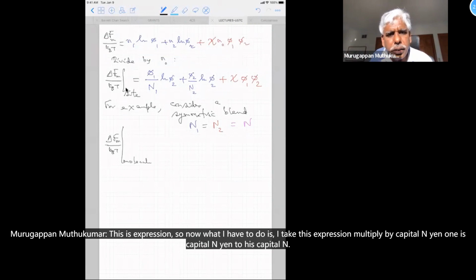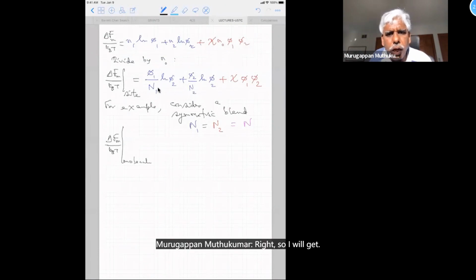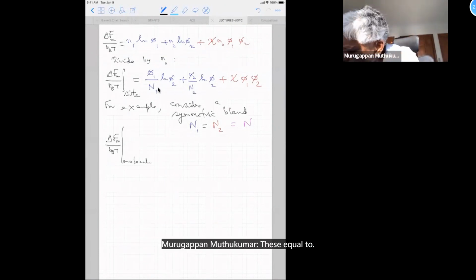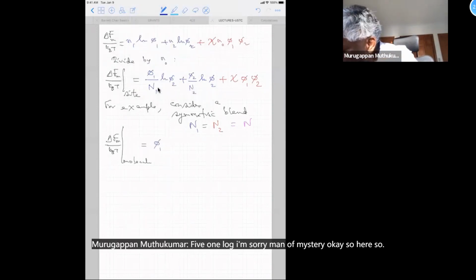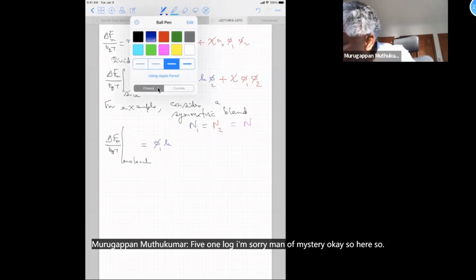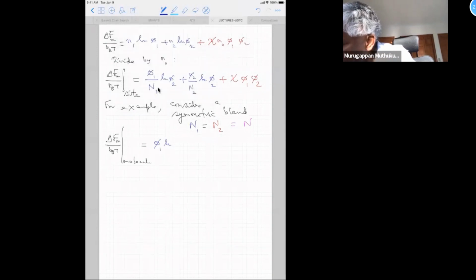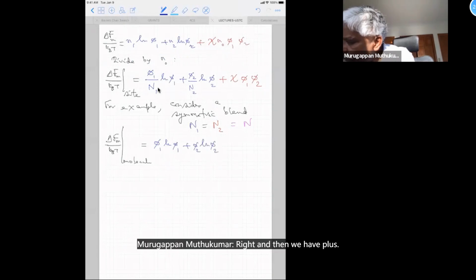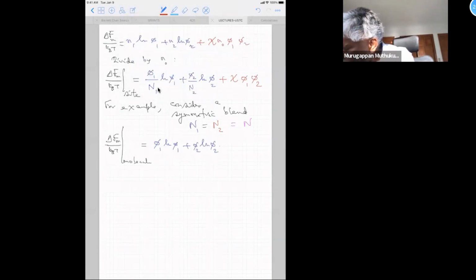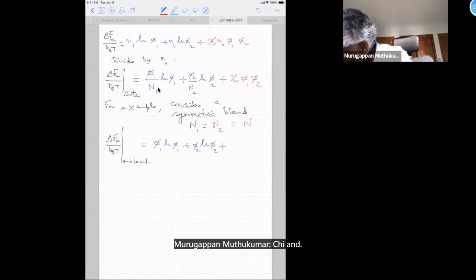So now I take this expression and multiply by capital N. N1 is capital N, N2 is capital N. So I will get phi 1 log phi 1 plus phi 2 log phi 2, I'm sorry, made a mistake. Okay, so here, that's phi 1 log phi 1 plus phi 2 log phi 2, and then we have plus chi N, and then phi 1 phi 2.